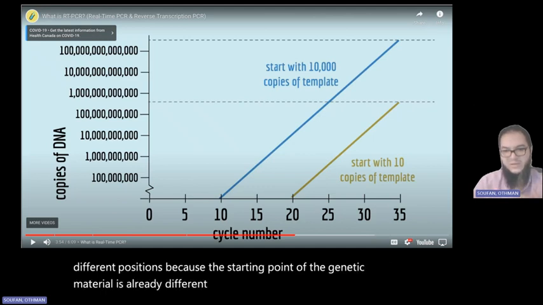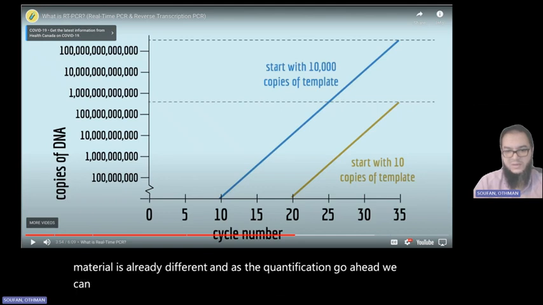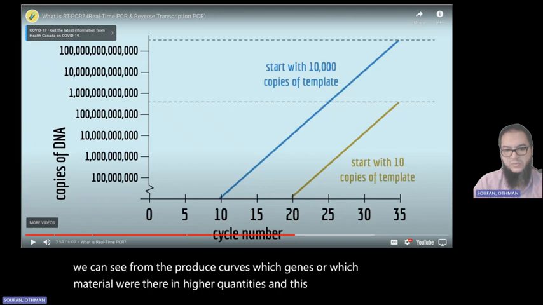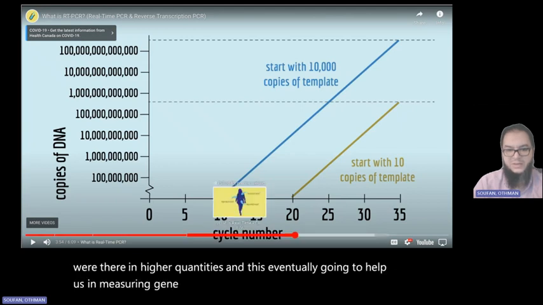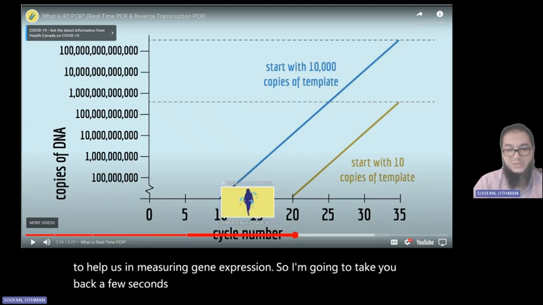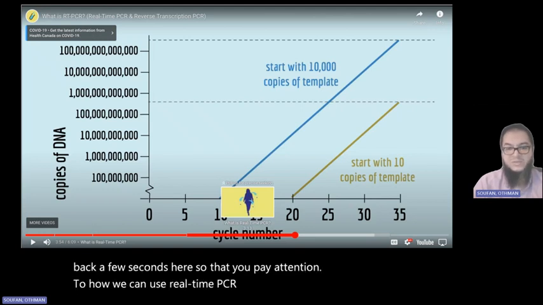And as the quantification goes ahead, we can see from the produced curves which genes or which material were there in higher quantities. And that's eventually going to help us in measuring gene expression. So I'm going to take you back a few seconds here so that you pay attention to how we can use real-time PCR to quantify the levels of the genetic material.